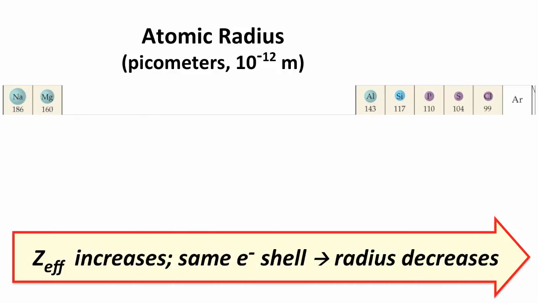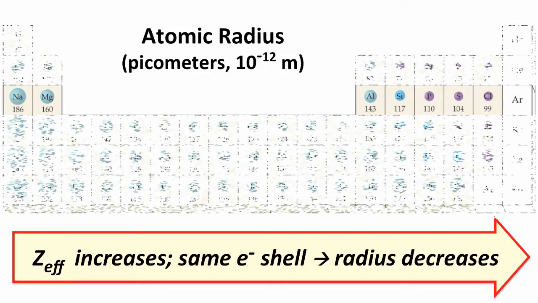And in general, going across the row in the periodic table, the effective nuclear charge, we symbolize it by Z for charge and then EFF for effective, is increasing. We're in the same shell of electrons, so the radius decreases.